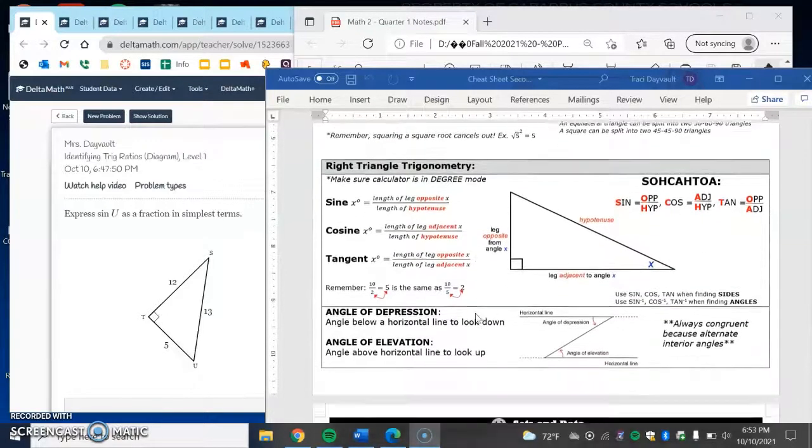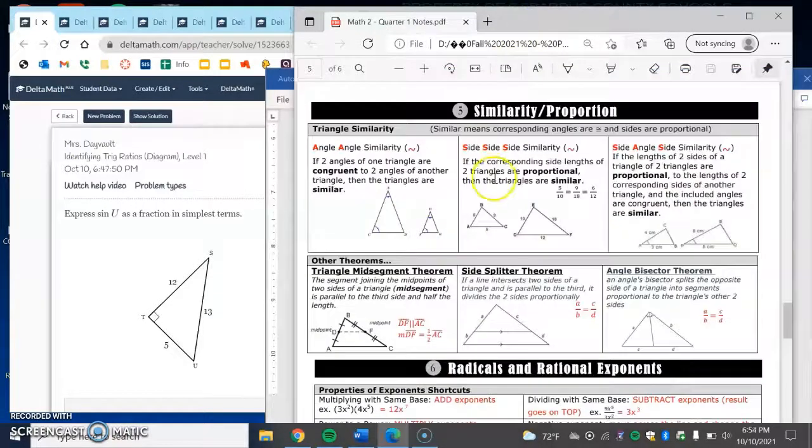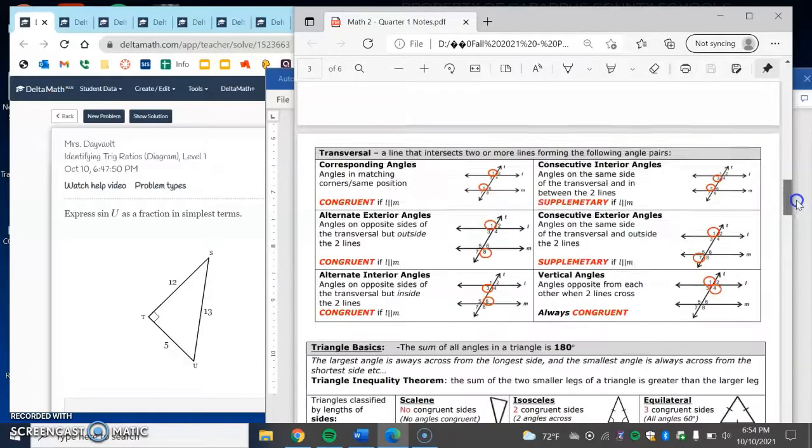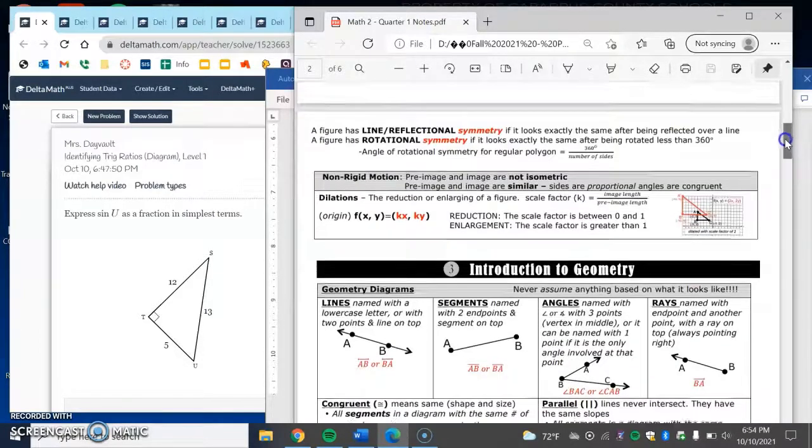So what I want you to think about is back in section 5, it's been a little while, we talked about similarity. Shapes that are similar have the same angle measure and the sides are proportional. We also talked about this back when we talked about dilations.